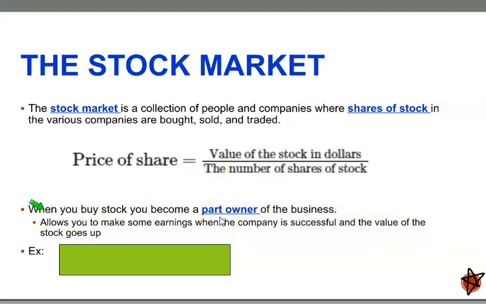When you buy stock, you become part owner of the business. It allows you to make some earnings when the company is successful and the value of the stock goes up. However, if the company goes under, you lose your money. So the stock market is very risky, and we'll talk more about the stock market in part 2.